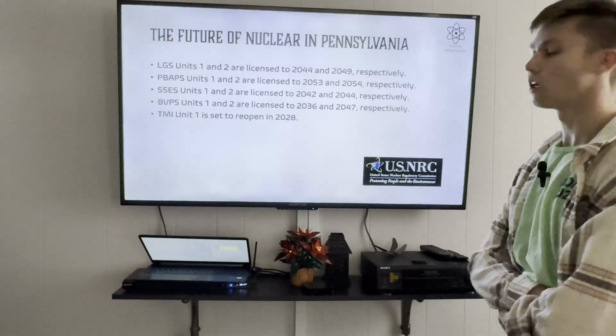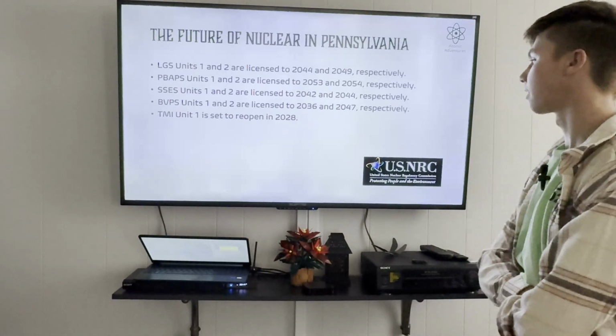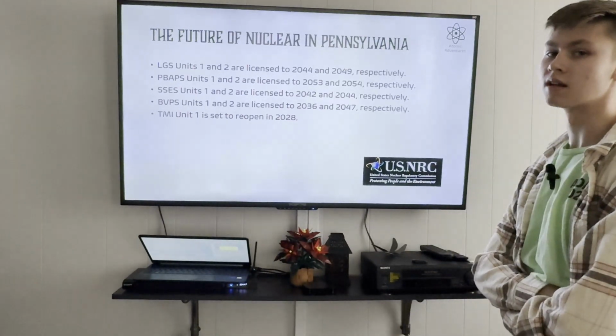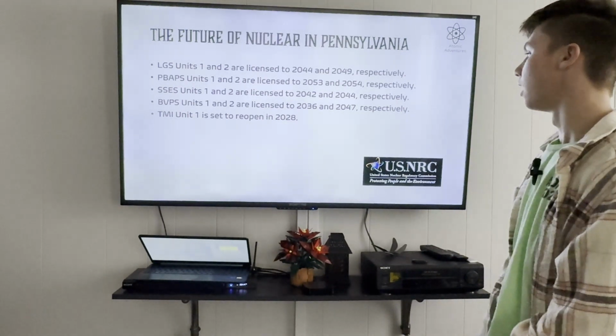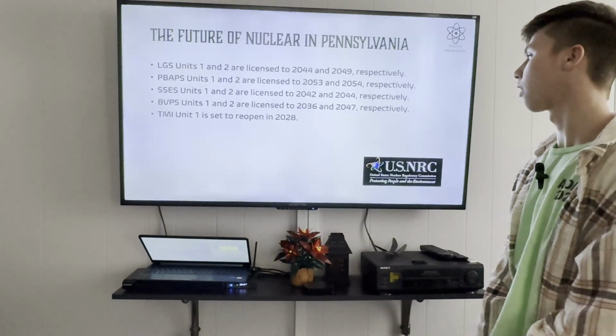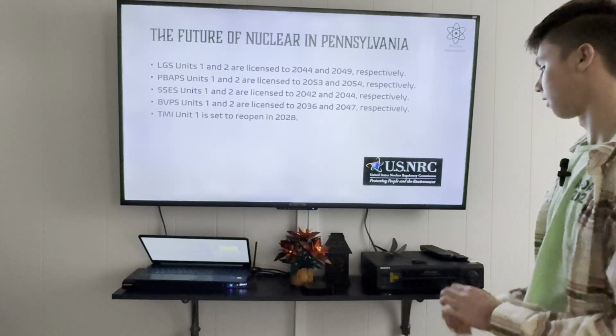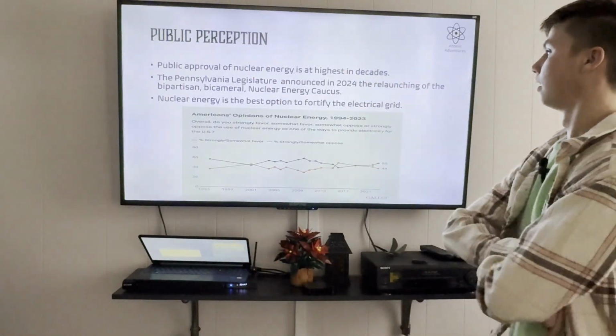And some exciting news for some is that the 3 Mile Island Unit 1, as I mentioned, is set to reopen in 2028. And that's owned by Constellation. They'll be selling the power to power Microsoft's AI data center. So nuclear energy is definitely on the rise.